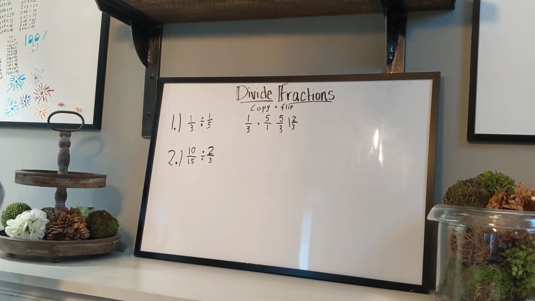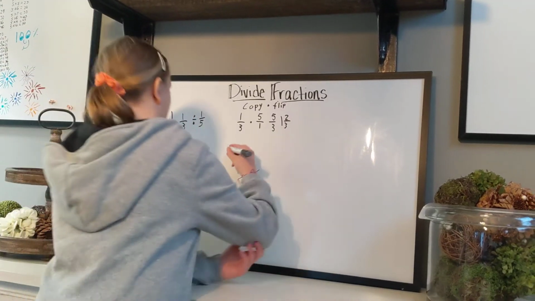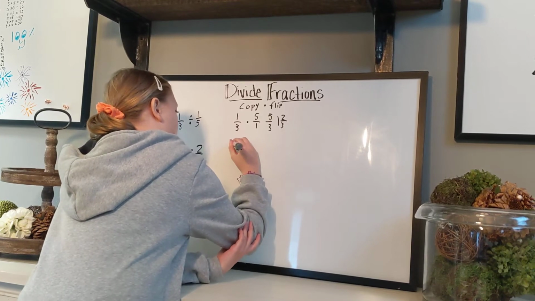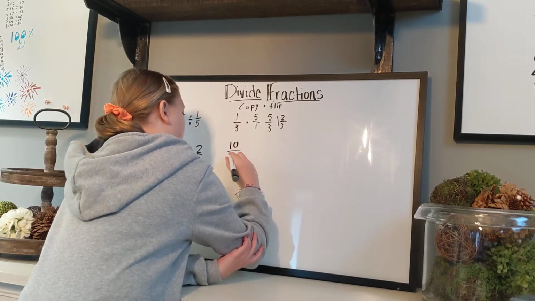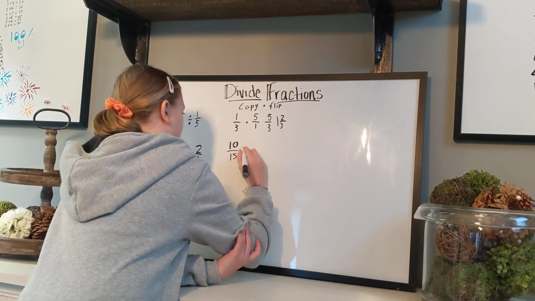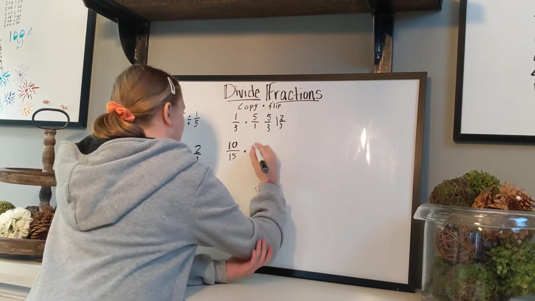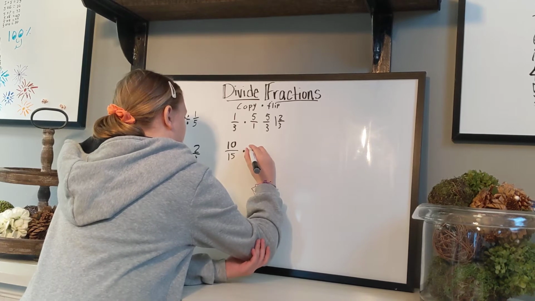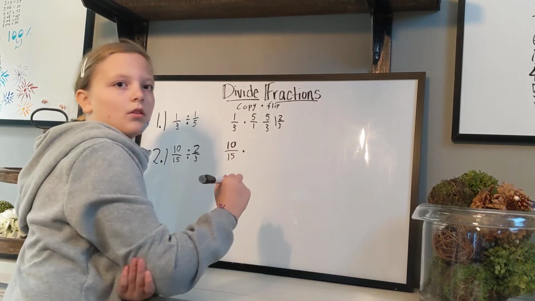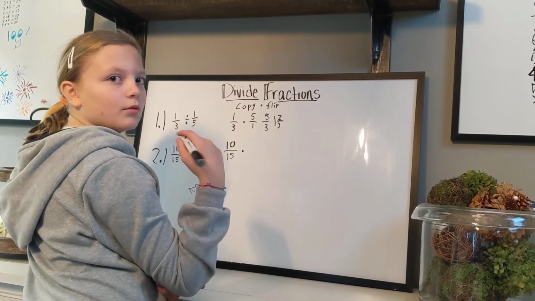So you're going to write down the 10/15 first, and then a dot instead of divide. And then what's the reciprocal of 2/3? What's the flipped of 2/3? 3/2.